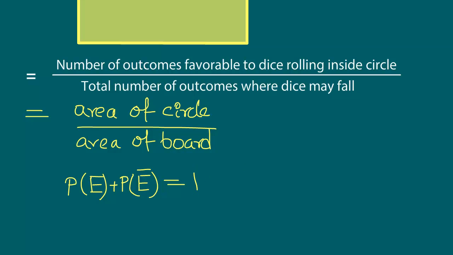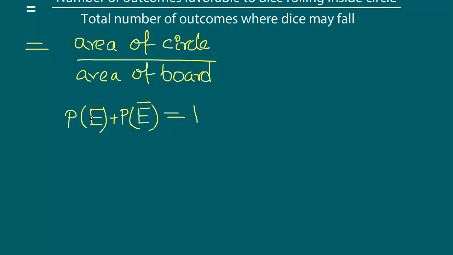Let's say we calculate the probability of the dice falling inside the circular region, and when we do the calculation, let's say we get 0.32. I'm just making this up.